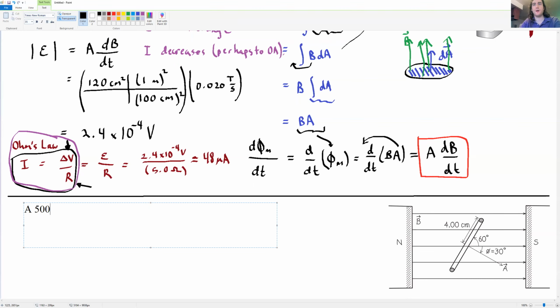So we have a 500 loop circular wire coil, with a radius of 4 centimeters, placed between 2 magnets with a uniform magnetic field.